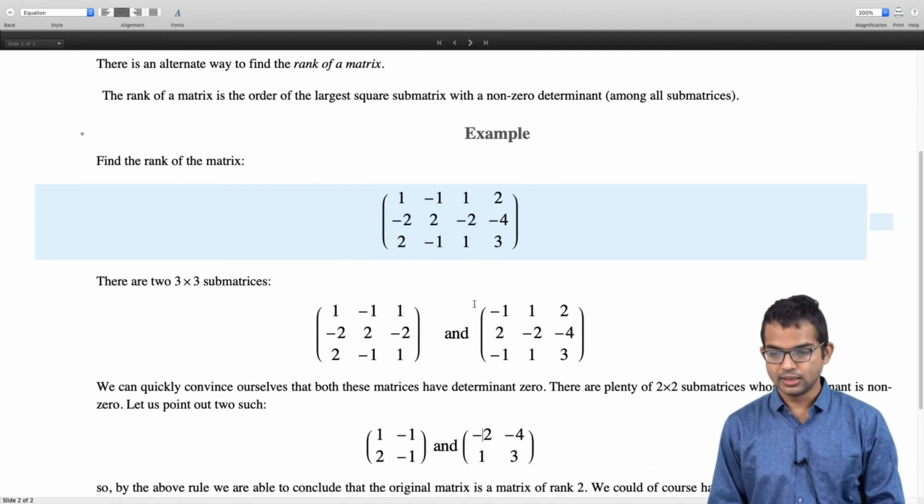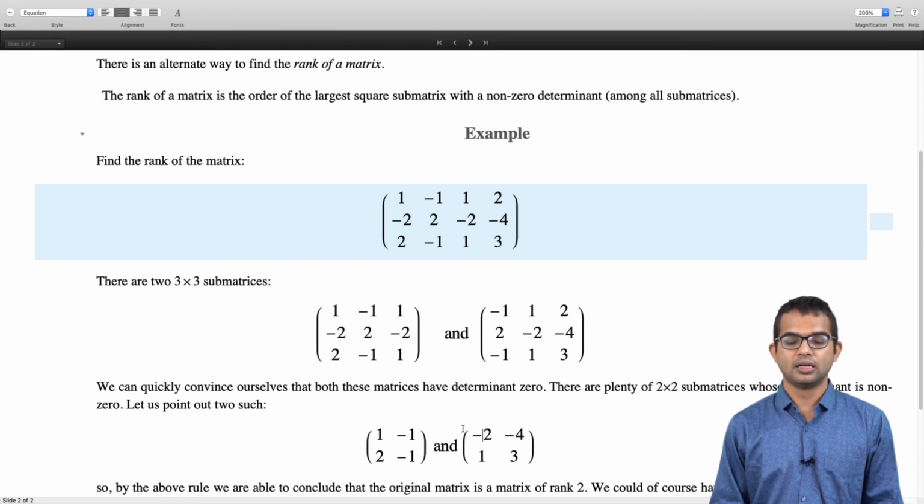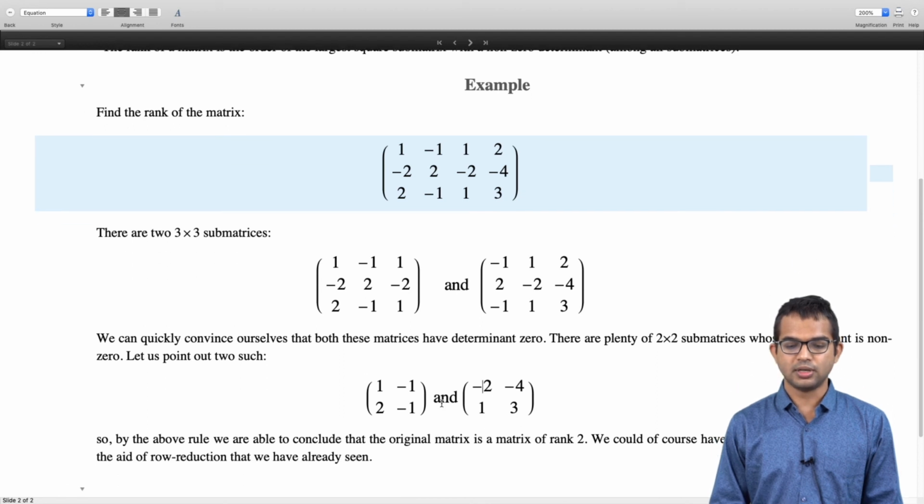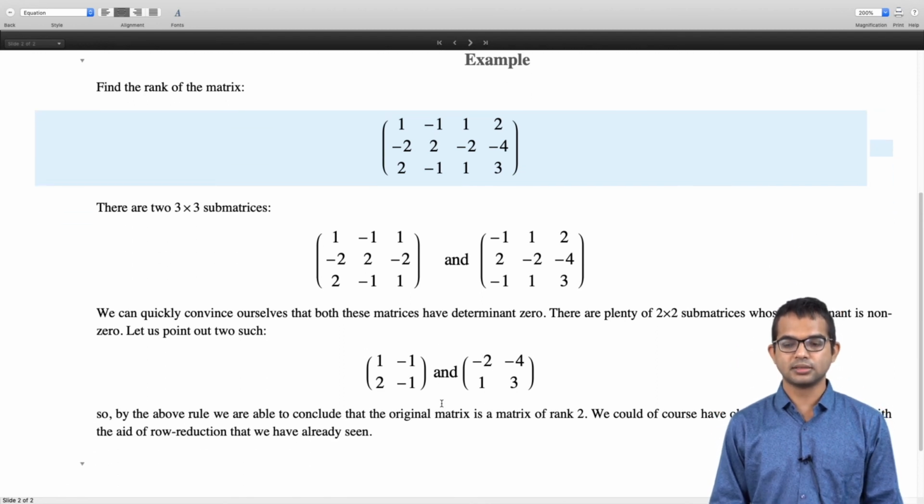Likewise, in the second example, I constructed this by deleting the first column, second column, and the first row, so I have minus 2, minus 4, 1, 3. Both are 2 by 2 submatrices whose determinant is non-zero, but you just need to find one, and then you're done. It tells you that the overall matrix has rank 2.